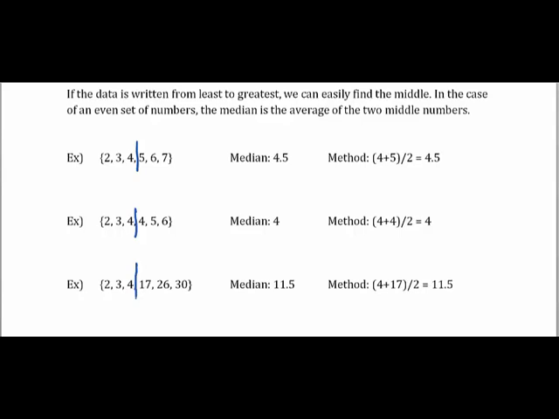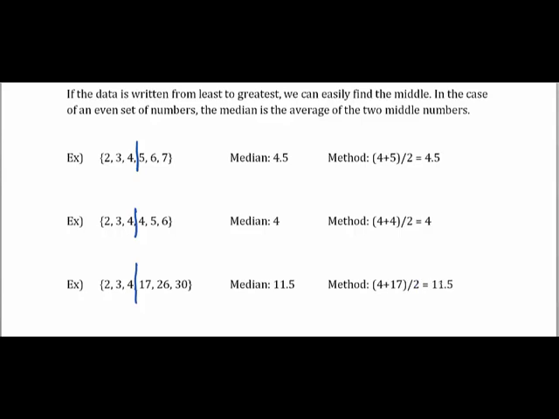Now, in the middle of these 6 numbers, the median is between 4 and 17. So what number is between 4 and 17? Well, we would take the 4, add the 17 to it, and get a total of 21. Then 21 divided by 2 gives me 10.5.